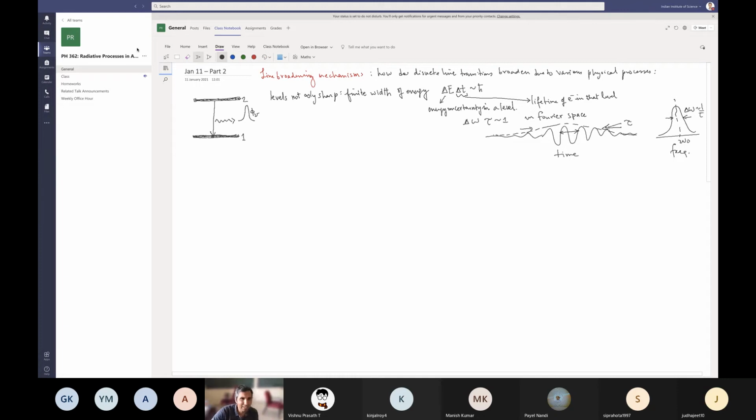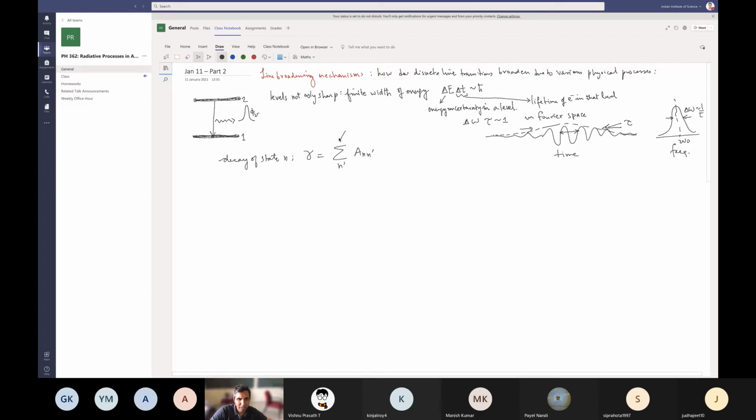Because of this finite lifetime of these levels, we can introduce the decay of state n. We can have a decay constant gamma, which is the sum over n prime of A n n prime. Some electron in some state n can decay to various states n prime which are below it.